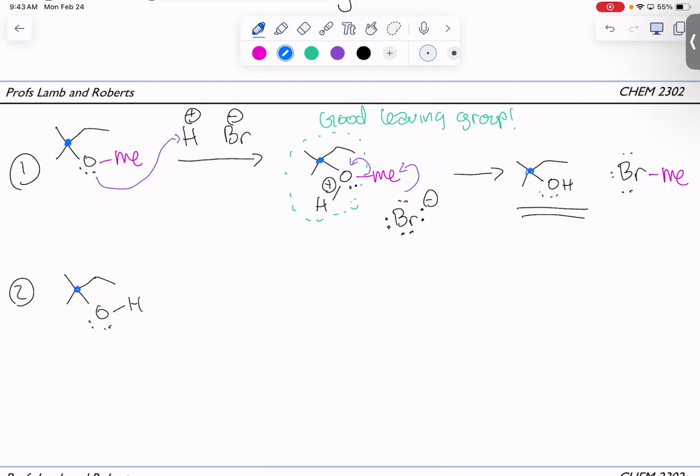We also have our methyl bromide, but I'm not going to bring that along for the ride. It's already formed. Nothing else is going to happen with it. Of course, we have a lot more HBr in our reaction because we added excess. We're going to go ahead and protonate our alcohol at this point, right? We have a very strong acid. So we're going to protonate our alcohol.